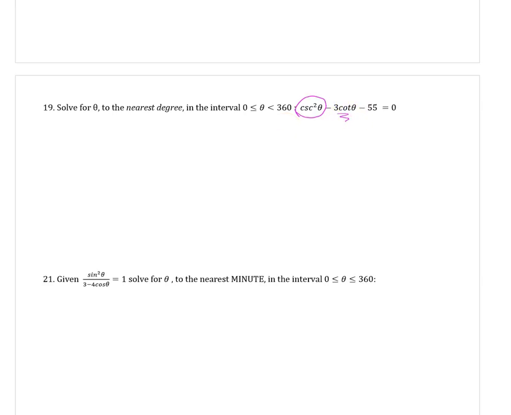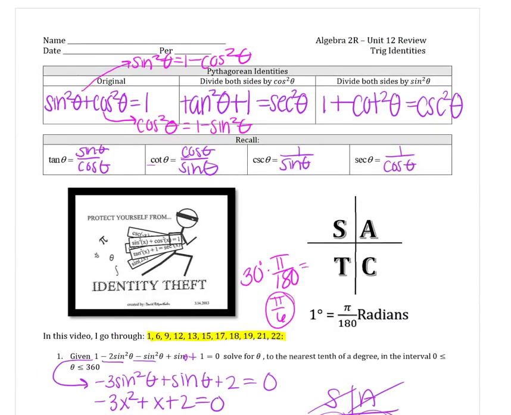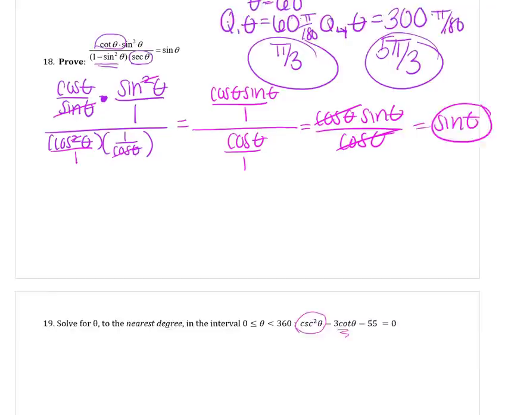If we go back up to our identities, cosecant squared theta is 1 plus cotangent squared of theta. So I'm going to make that substitution.